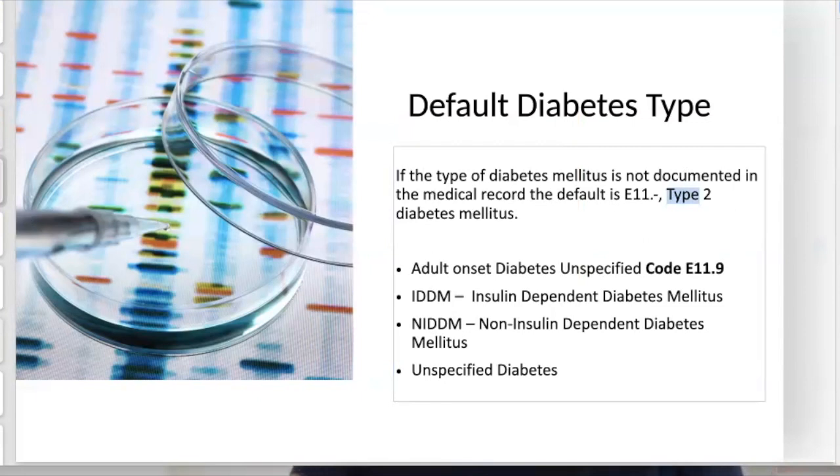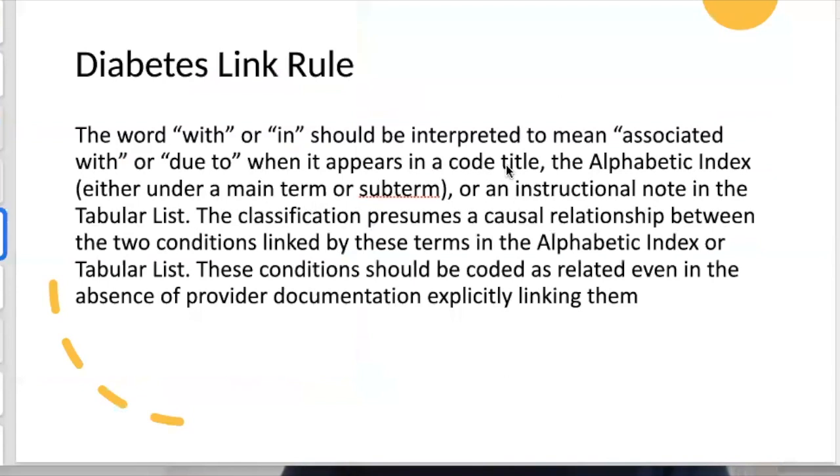Okay, so let's move on to the next slide. I would like to talk to you, guys, about the diabetes link rule. Let me read this narrative, taken straight from the coding guidelines. The word "with" or "in" should be interpreted to mean "associated with" or "due to" when it appears in a code title, the alphabetic index, either under a main term or subterm, or an instructional note in the tabular list.